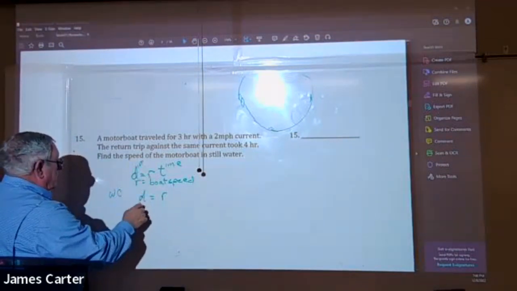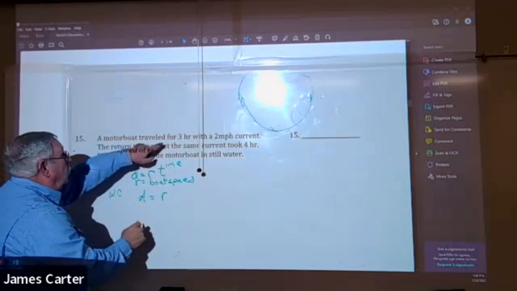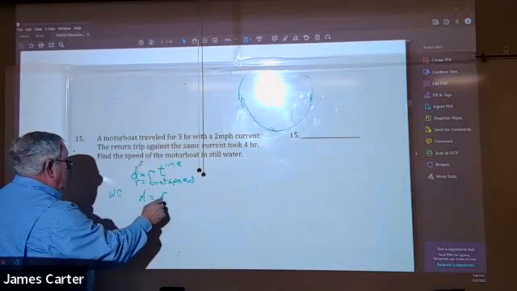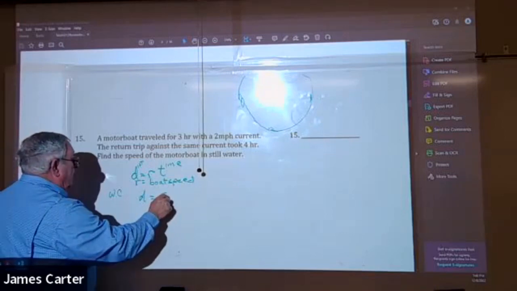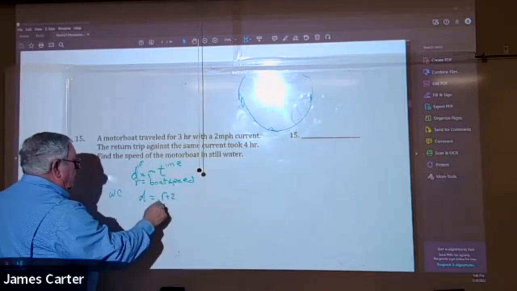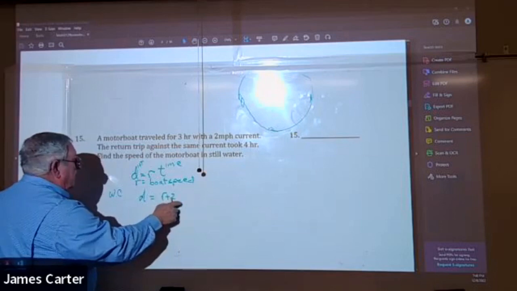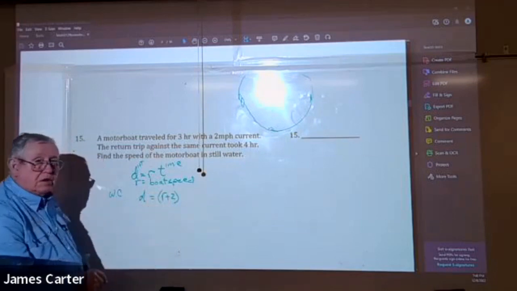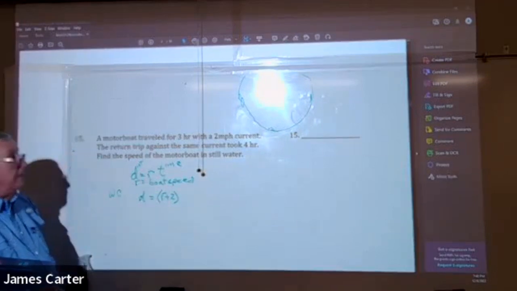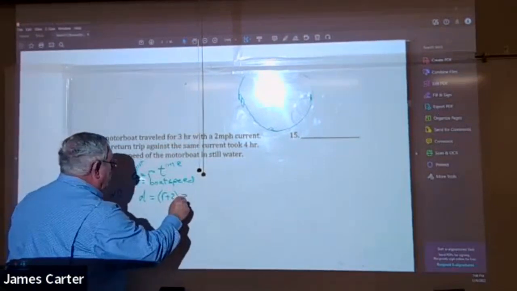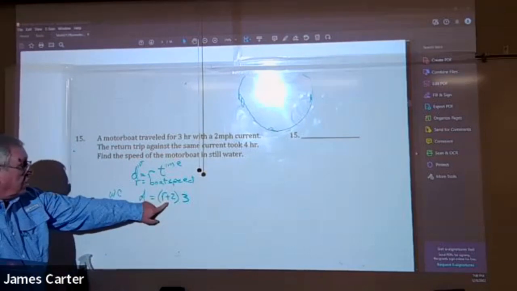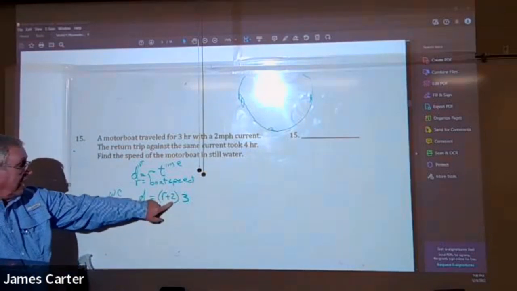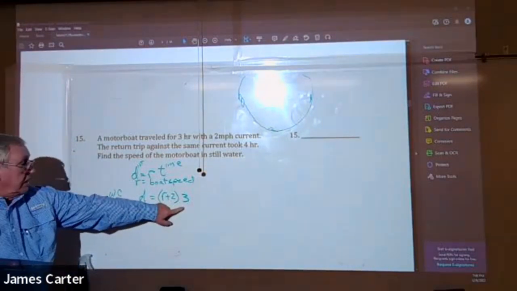Now, for going with the current, we have the boat speed plus an extra 2 miles an hour times 3 hours. D equals R, the added on R, times time.